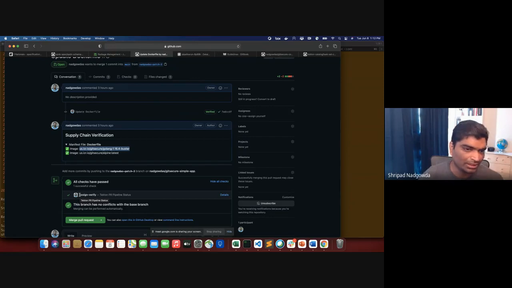Right now it is doing it at the image level, but in the BOM we'll also have packages, like if you are installing Python or Node. Once we have the infrastructure where all the packages are getting signed, we can use the same mechanisms to verify whether those packages have proper signatures, and enforce them in the development workflow.